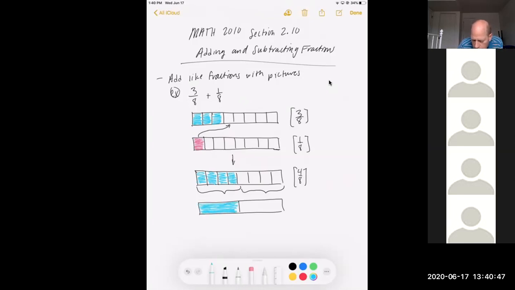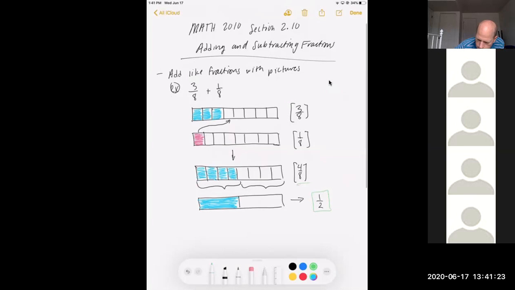I group them by 2s or by 3s or whatever, where I can do this certain number of groups to take the whole numerator, or the whole shaded part, and then keep going till we evenly get to the whole. Okay? And so that's why this is equal to a half. So my answer for this problem is a half. So 3/8 plus 1/8 is equal to 4/8, and then 4/8 simplified is a half.